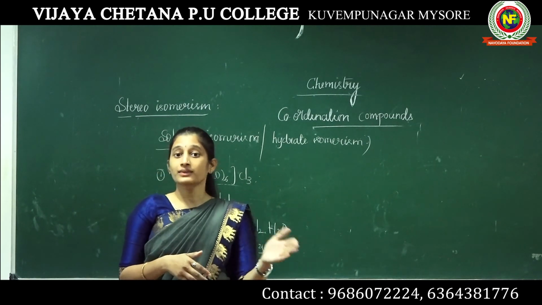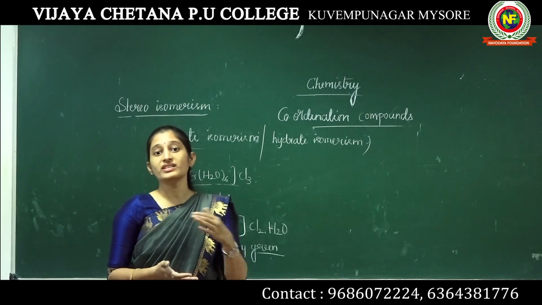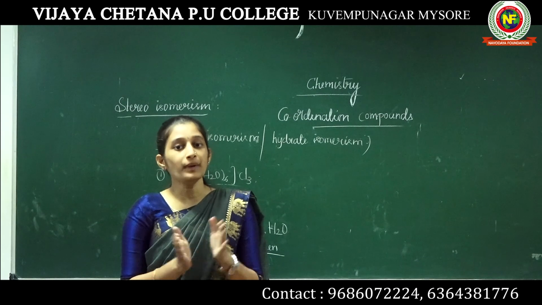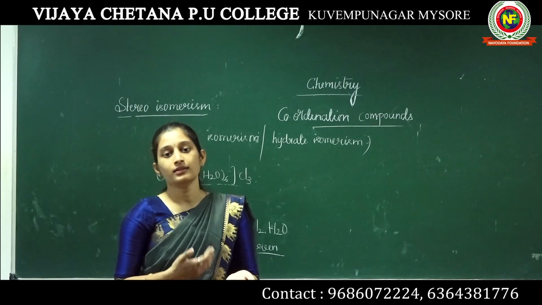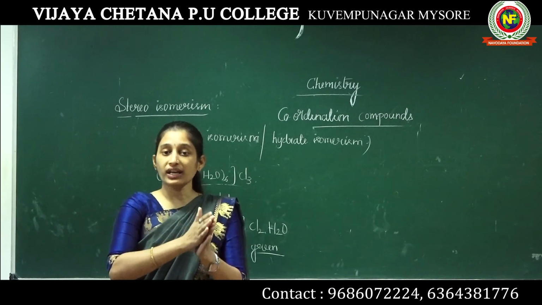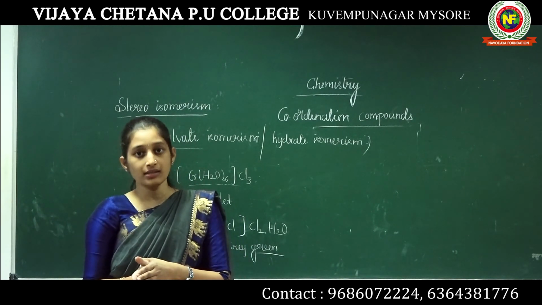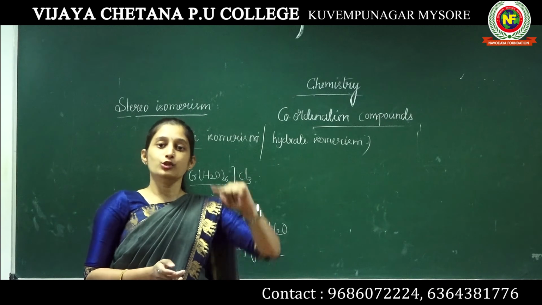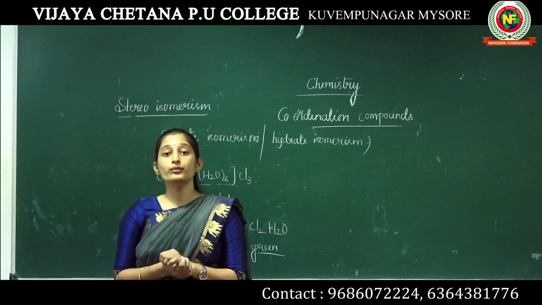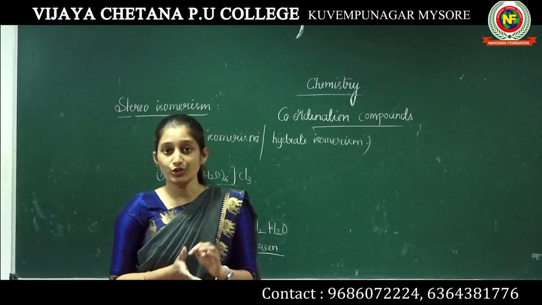Geometrical isomerism has 2 types: cis and trans. If the 2 similar groups are adjacent to each other, cis. If they are opposite to each other, trans. Optical: if they rotate the light towards the right, we call it dextro, and towards the left, we call it levo. And here one more very important one, enantiomer.